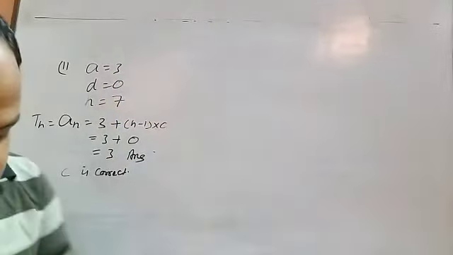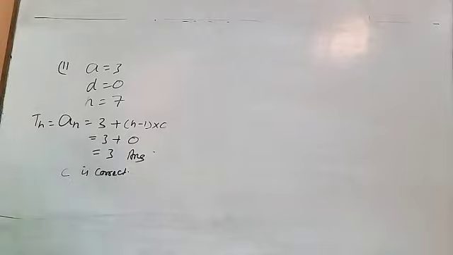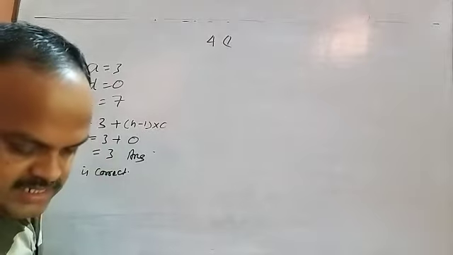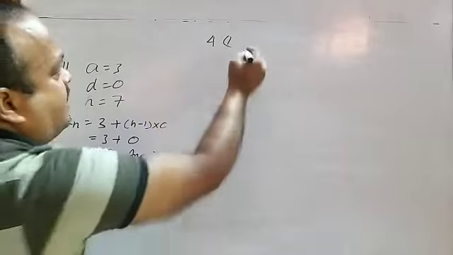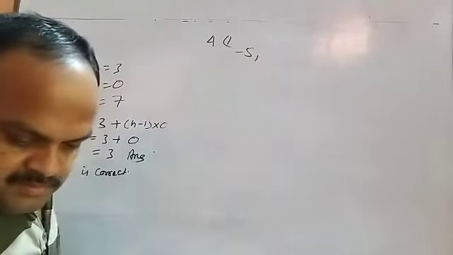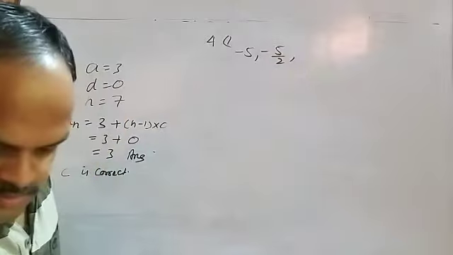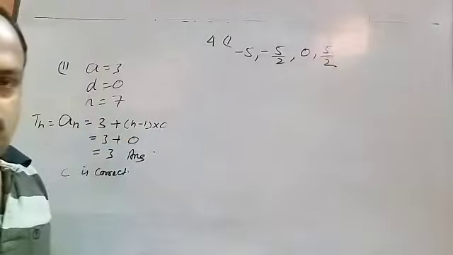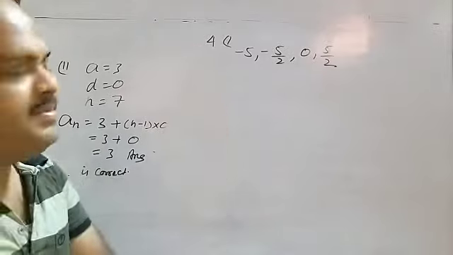Let us do the first part. We have a series and no doubt, it is already mentioned, the series is AP: -5, -5 by 2, 0, 5 by 2. The series is already given AP.